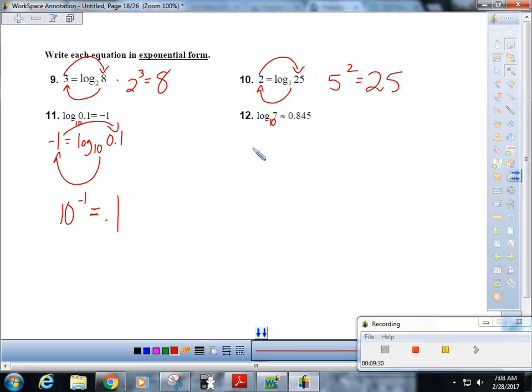So once again, if we had it as 0.845 equals log base 10 of 7, that means 10 to the 0.845 power equals 7, which is amazing. So if we took 10 and somehow figured out a way to multiply it by itself 0.845 times, it would give us 7.